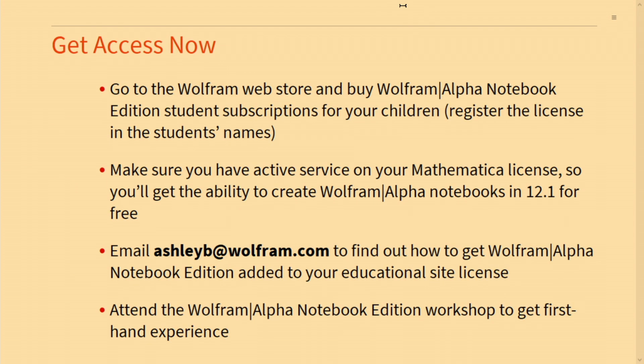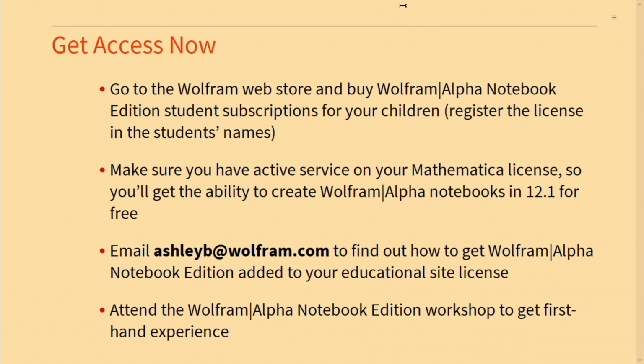And if you're super motivated today, there are some steps that you can take. So number 1, go to our web store. You can buy Wolfram Alpha Notebook Edition student subscriptions for your children. They're probably students, right? You can register those licenses in their names. If you're a home hobbyist, you could buy your own subscription and register it in your name, of course. If you're a Mathematica user, make sure you have active service, because as I said, when we release the next version of Mathematica, you'll have this notebook capability in it, and you'll get that for free as a benefit of your service.